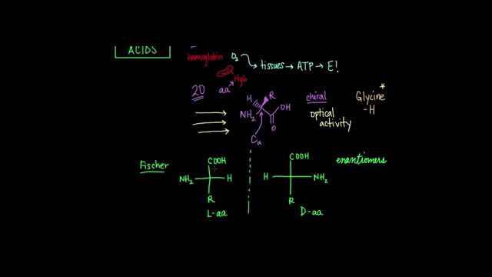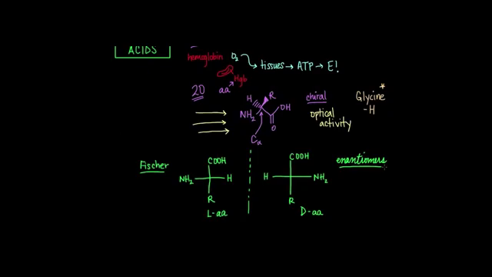You can kind of think of these two configurations like your left and right hand. And although your left and right hand are mirror images of each other, you can't superimpose them on one another. And that's the relationship between an L and a D configuration for Fischer projections.